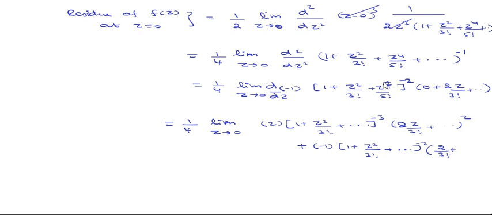So here when you differentiate once, you get 4z cube. So differentiating again, 12 z square divided by 5 factorial.